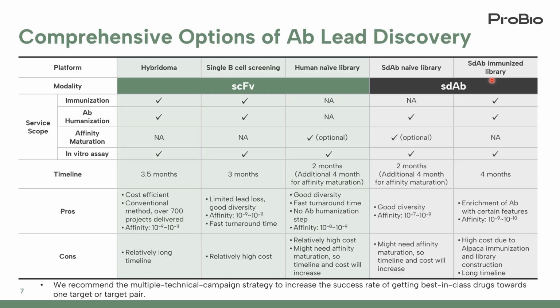In addition to standard screening criteria, the phage panning process can provide the feasibility to enrich for antibodies with unique features like pH dependent binding. Alpaca naive library is also a viable option with a much shorter timeline, and of course it also comes with the sacrifice of antibody affinities.